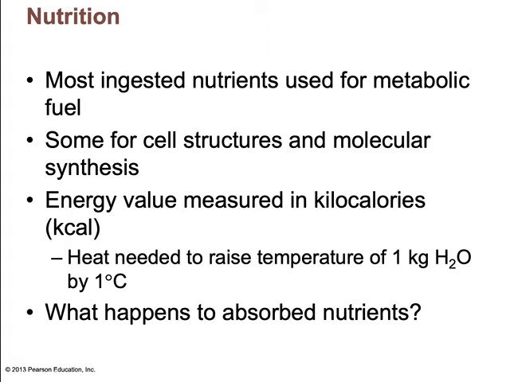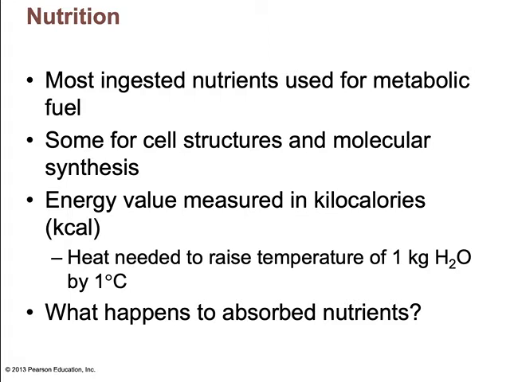Ingested nutrients can be used for two reasons: to generate fuel for the cell to maintain itself and repair itself and to grow, but also as building blocks for other cellular components. The energy value in these fuel molecules is measured in kilocalories, which is defined as the heat needed to raise the temperature of a kilogram of water by 1 degree centigrade.